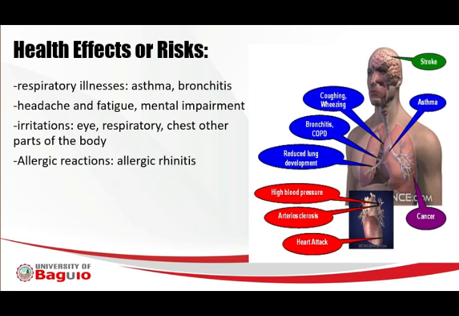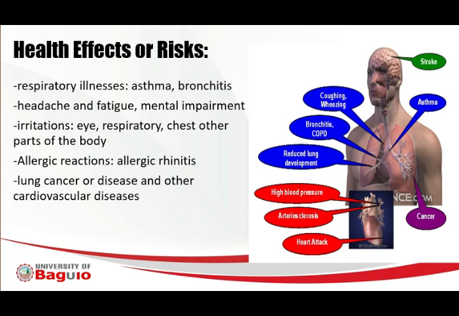Most of the time I experience that during the early morning or evening, particularly if it's very cold, during the rainy season, when we can have allergic rhinitis.